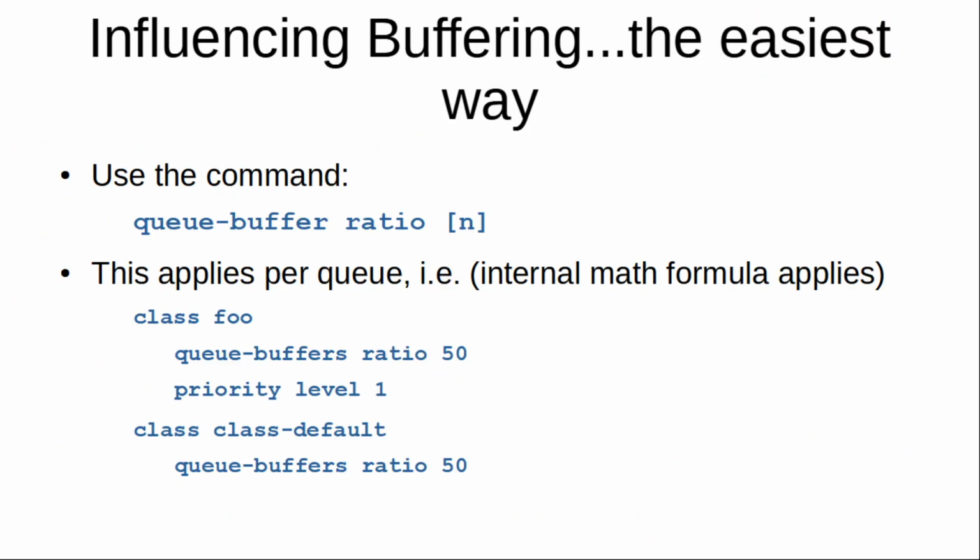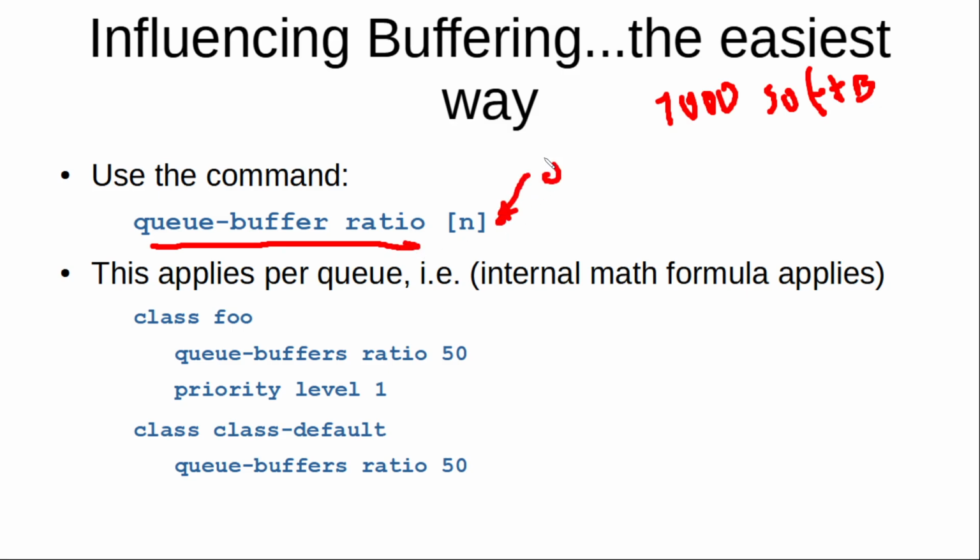So this is the first part, and we're going to see the easiest way to influence buffering. So let's say that I have maybe 1000 soft buffers available for me in an interface, and I want to have a way to be able to assign these buffers differently to my queues. So in order to do so, I'm going to use the command qbuffer ratio, and I'm going to establish a percentage.